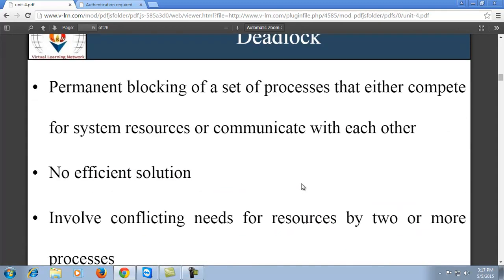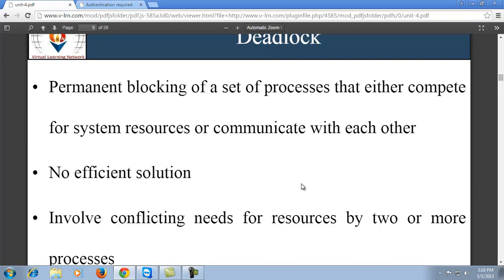In deadlock, there is a permanent blocking of a set of processes that either compete for system resources or communicate with each other. Deadlock is a situation when we have a number of processes in execution state and every process is requesting another process's resource while retaining its existing resource.